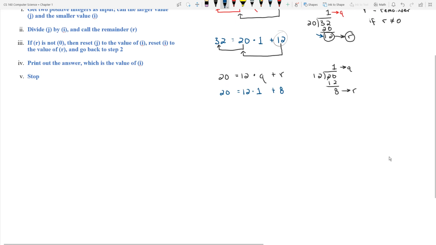We have to continue until our remainder is equal to 0. That's when we will stop, and we will have the greatest common divisor of these two numbers. So we're going to repeat this process. We're going to move 12 to where 20 is, and we're going to move 8 to where 12 is.